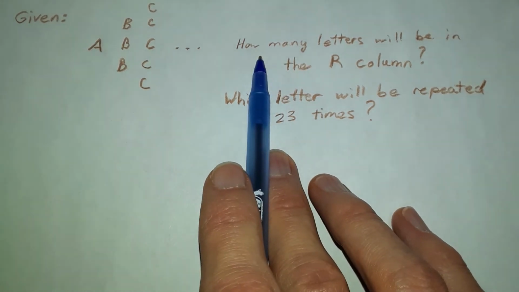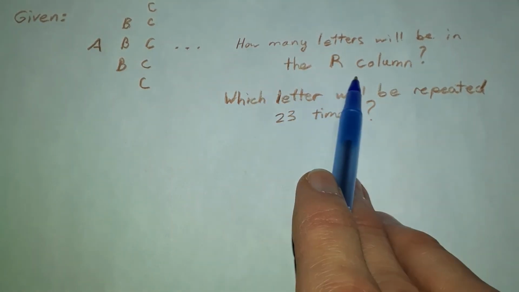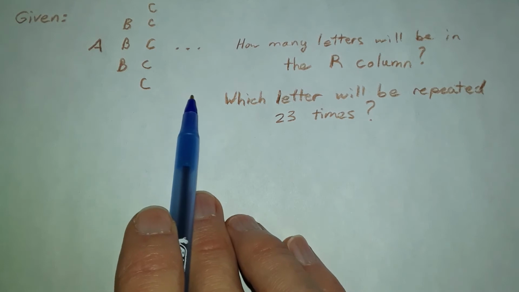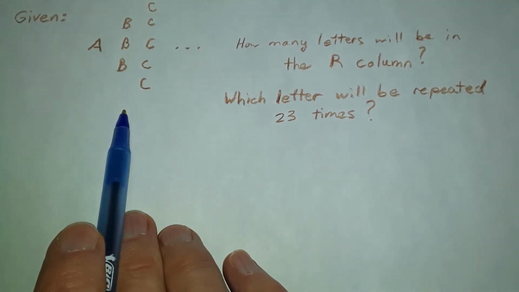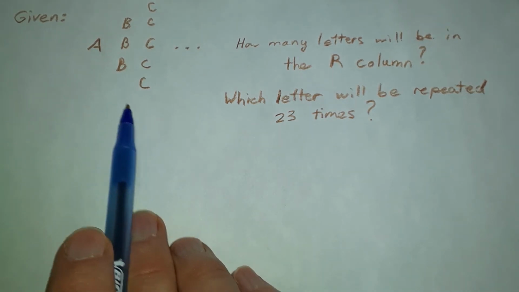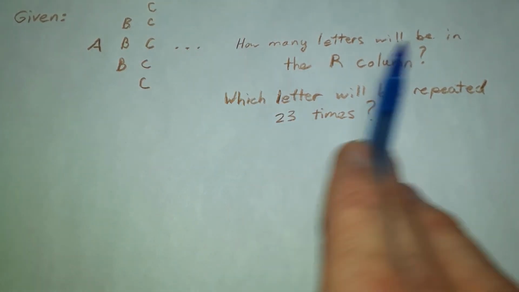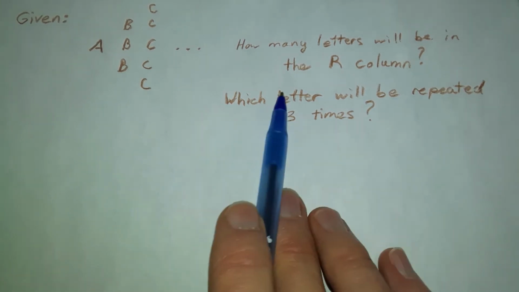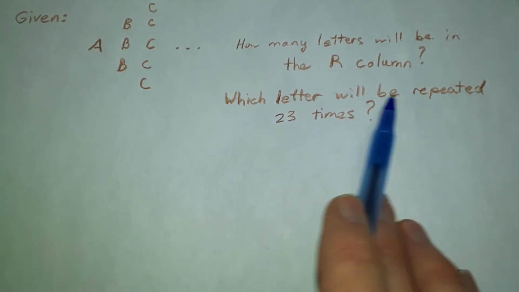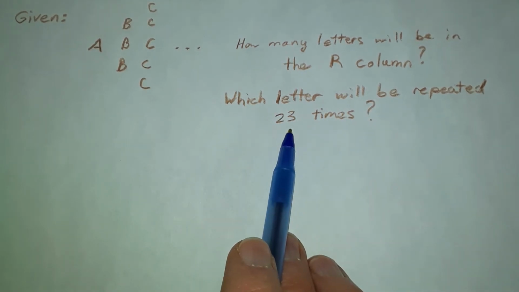Okay, so we want to know how many letters will be in the R column. So if we continue this pattern out, how many are going to be in R? One way that you could do this is by just brute force and just list all these out. But that's not what we want to do. We want to use the technique of patterns. The other question is, which letter will be repeated 23 times?